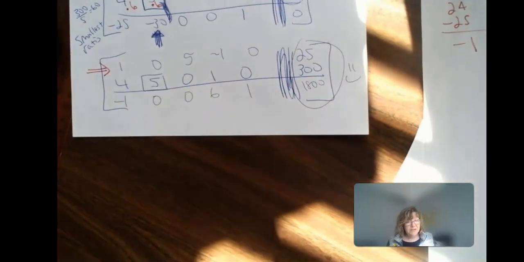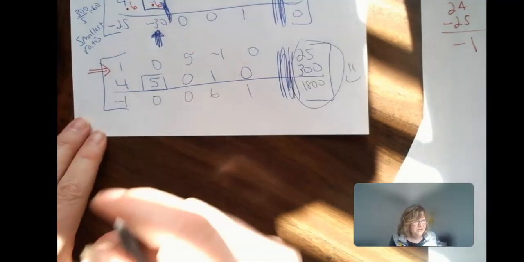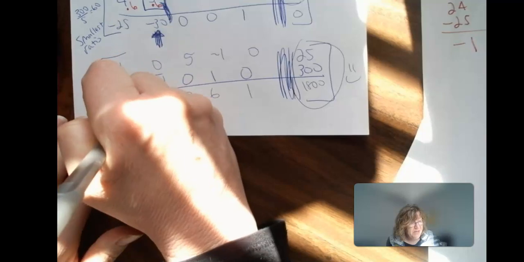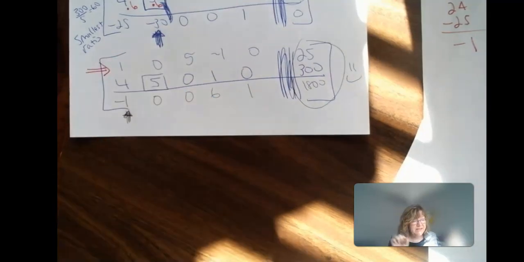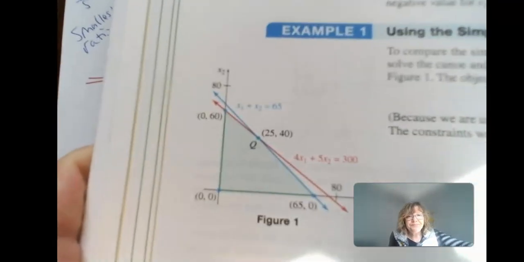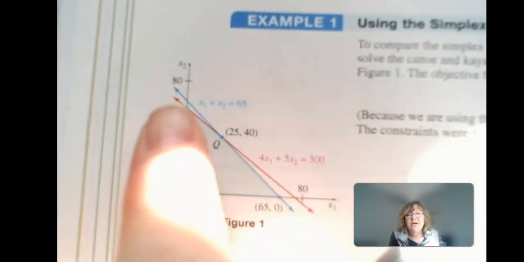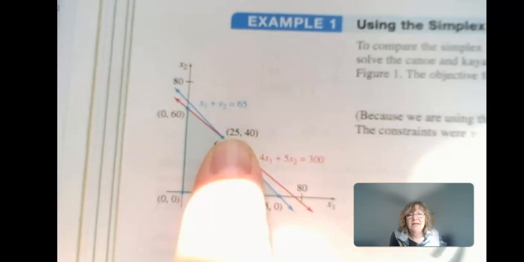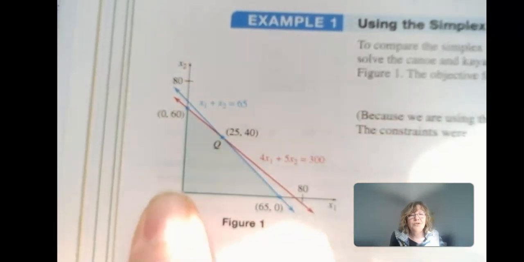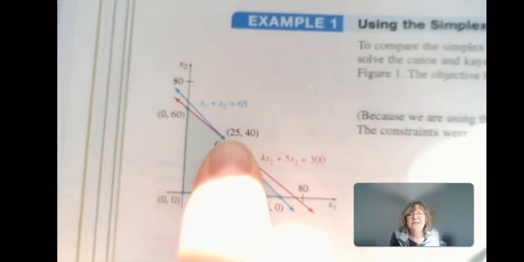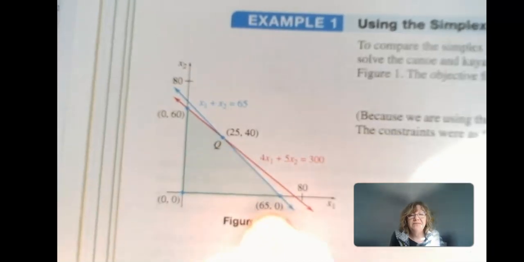Okay, now notice this is not done. Do you see how I still have a negative down here? Now, the thing is, though, this is a solution. It's just not the best solution. So if you think about when we graph this, and I'll show you this in the book, we made a chart of those corner points: 0, 0; 0, 60; 25, 40; and 65, 0.